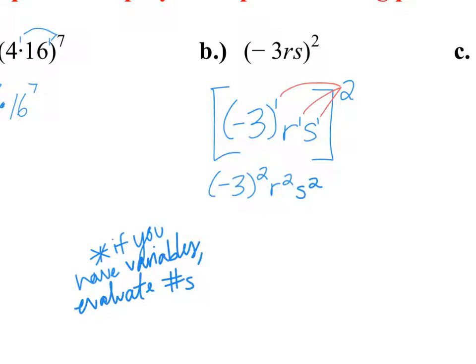So we know that negative 3 squared is the same thing as negative 3 times negative 3, which is what? 9. Positive 9. So you would actually write your final answer as 9r squared s squared. So if there's variables, go ahead and figure out what is that number.